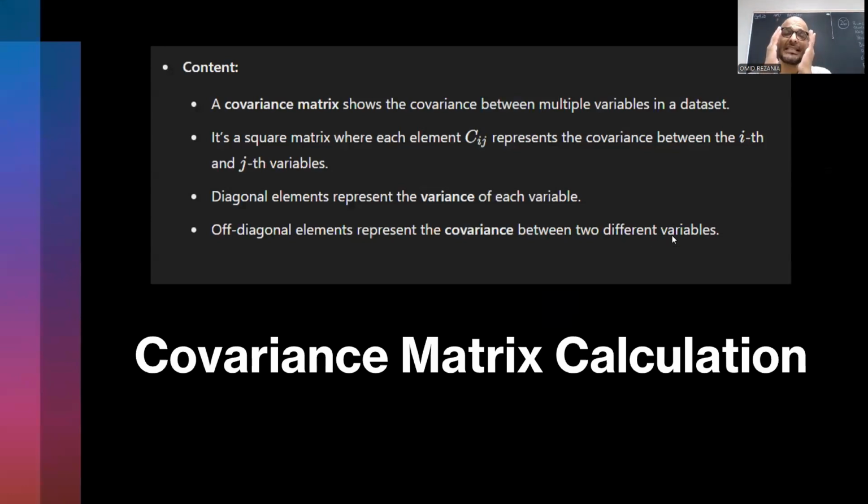Because you're going to see that after the break, when I give you a matrix of the features, the next step is to find the covariation matrix from that.